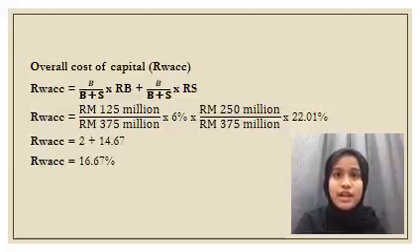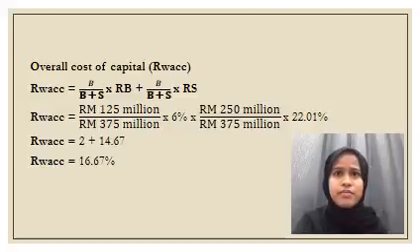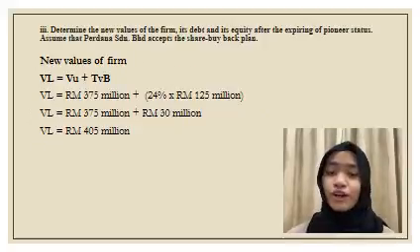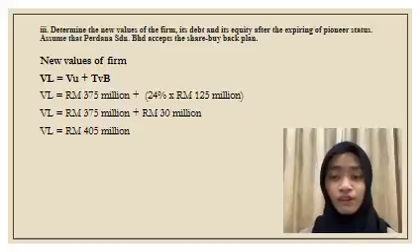Our B is 125 million, B plus S is 375 million, the new one, multiplied by 6%, plus 250 million divided by 375 million multiplied by 22.01%, the new one. So our RWACC is 16.67%.